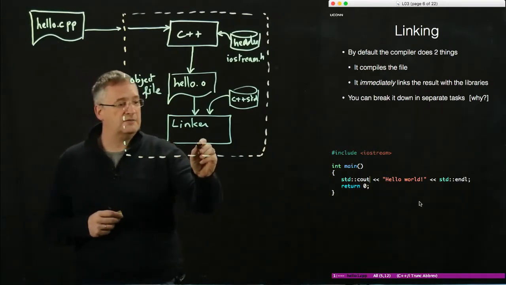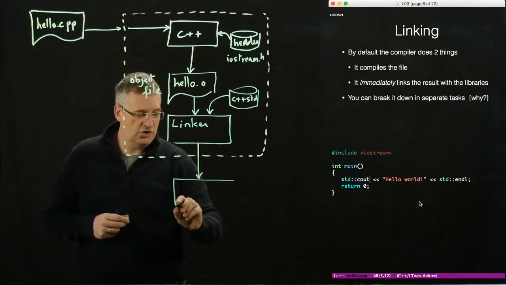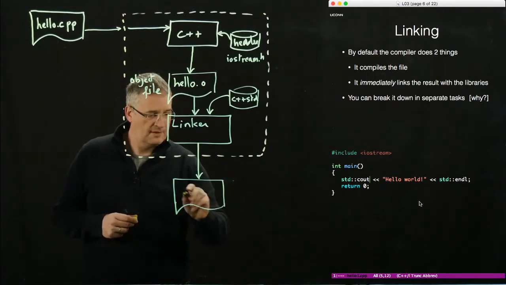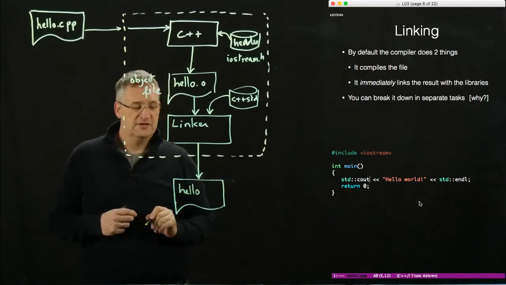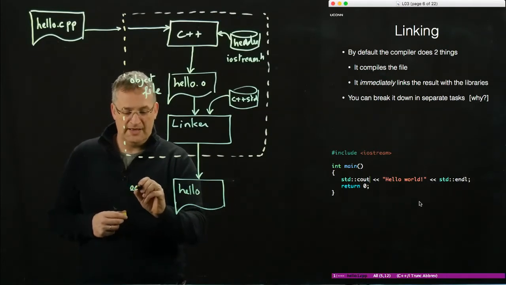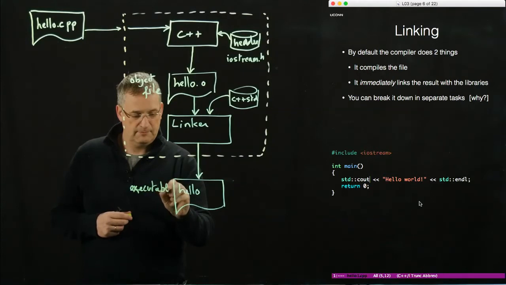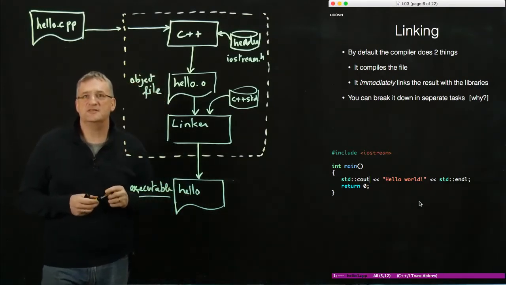And what comes out is a document. It's your executable, hello. So that's an executable, and this you can run at the command line and do whatever you want with it. Okay? So that's the compilation process for you.